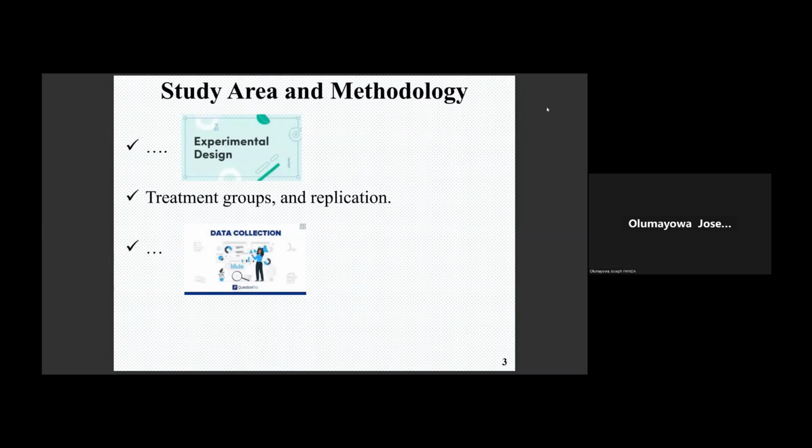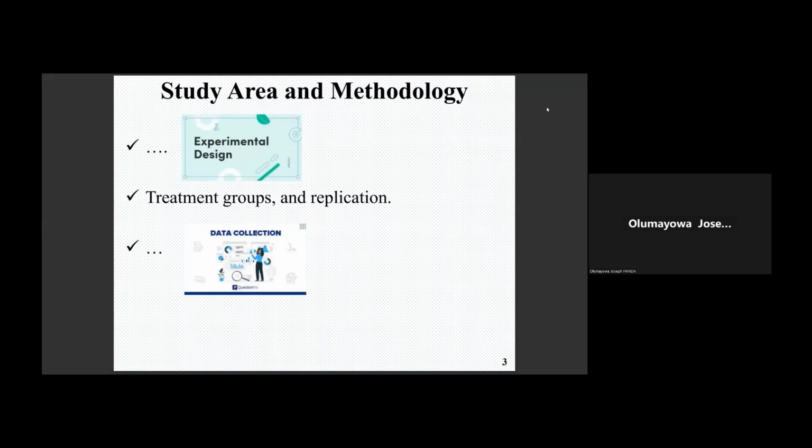For the study area, we have an experimental design of a randomized complete block design, with treatment groups having traditional fertilization, where we have the application of the regular NPK, and integrated nutrient sources from poultry manure as well as NPK combined at different proportions and rates, and the control, which has no nitrogen.